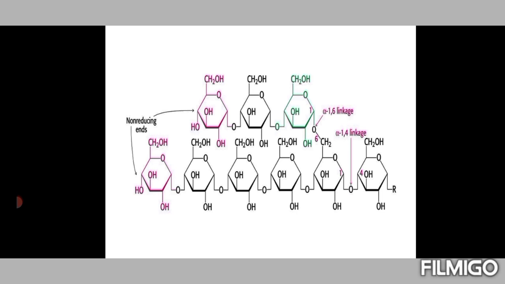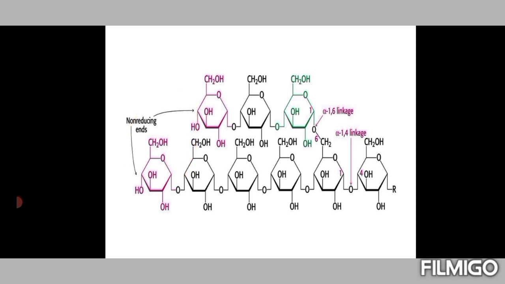Now, this is the basic structure of glycogen, as we saw, or as you know. This is the alpha 1,4 linkage, and this is the alpha 1,6 linkage, and we can see a reducing end here because the anomeric carbon, the first carbon, is there, which has the aldehyde group. The other ends are the non-reducing ends.